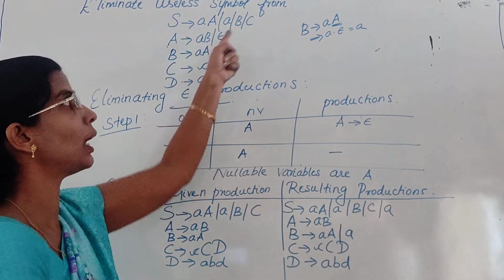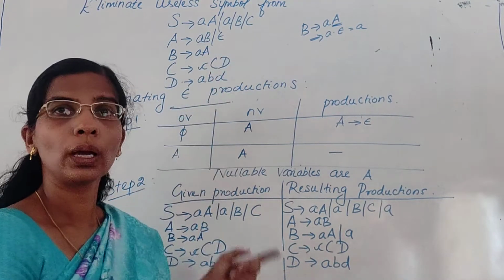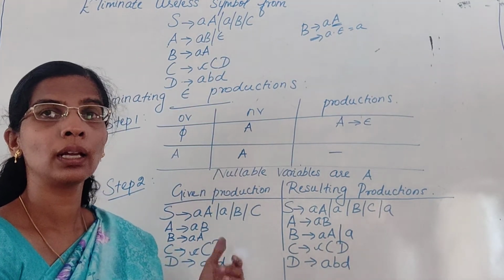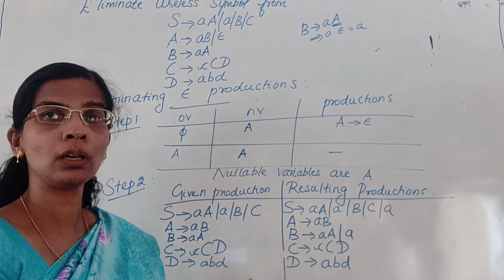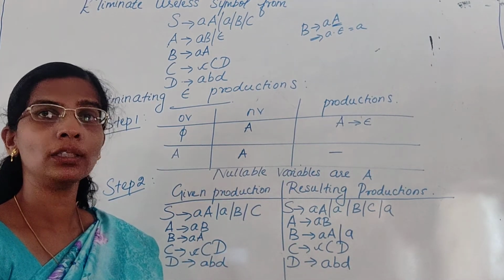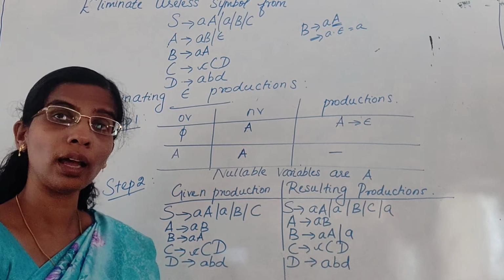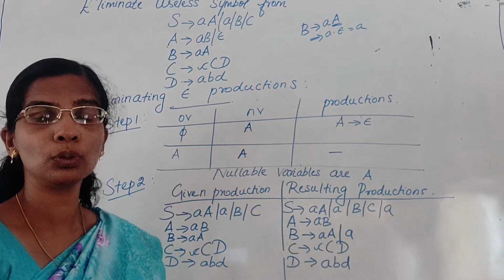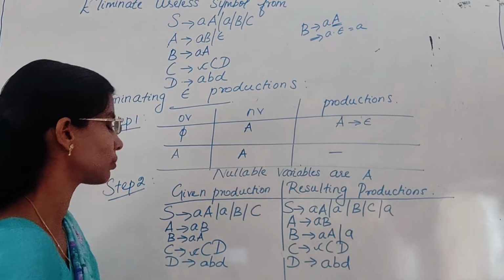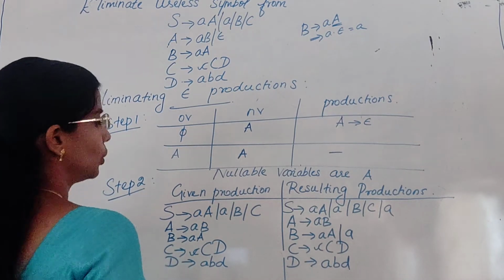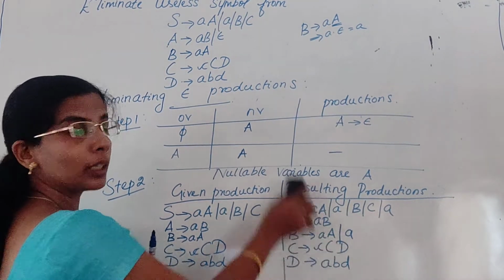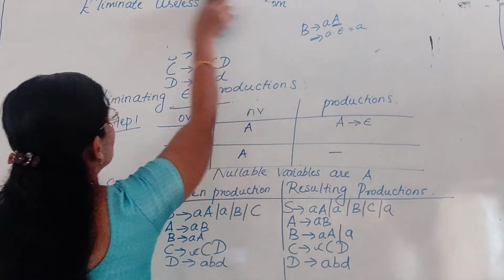Since my grammar has unit productions, while simplifying, right? First I have eliminated epsilon. Next I am going to eliminate unit productions. Then at the last I will be eliminating the useless productions. Right? So I will copy this resulting production here. I will rub the remaining.